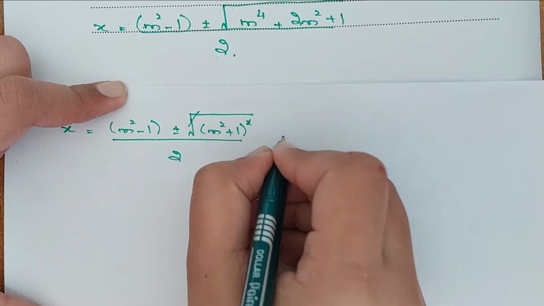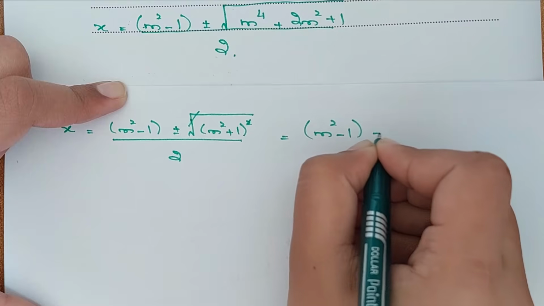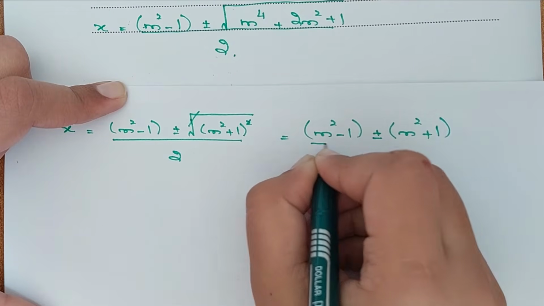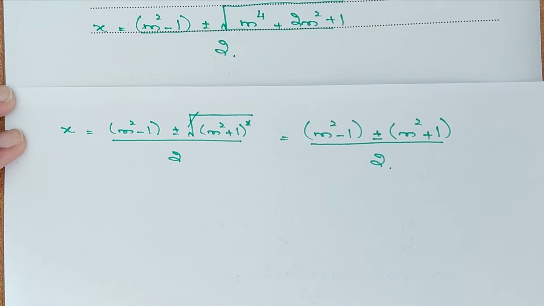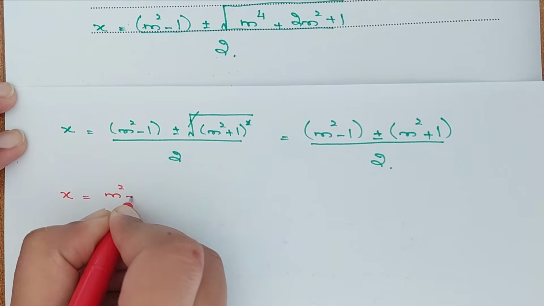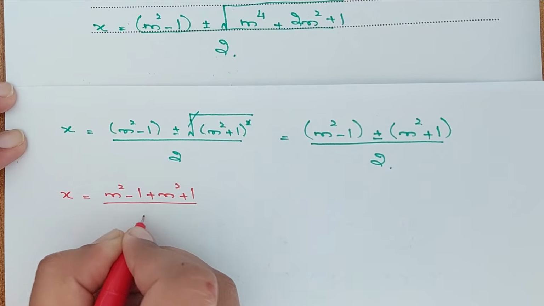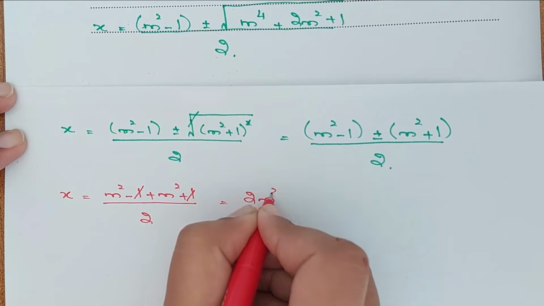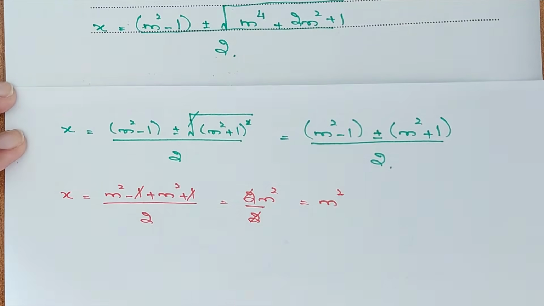Cancel the square and the square root, we have m squared minus 1 plus or minus (m squared plus 1), divided by 2, right? Now we have two values. So x would be equal to m squared minus 1 plus m squared plus 1, divided by 2. We can cancel the 1 plus 1. We have 2m squared over 2, 2 is cancelled with 2, so the x value is m squared, right?